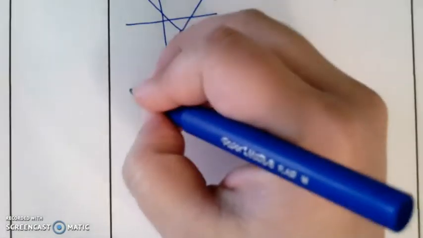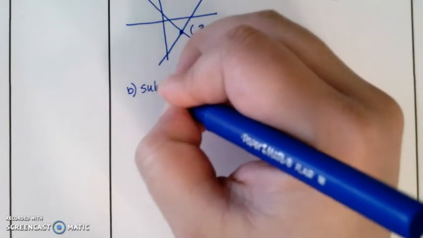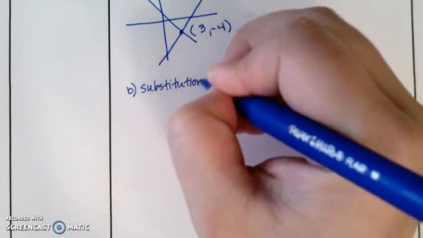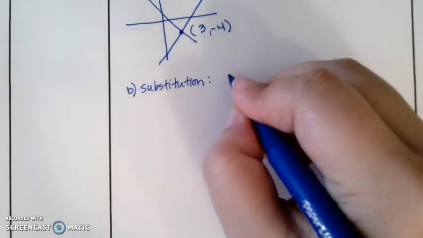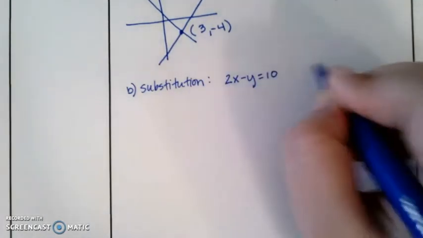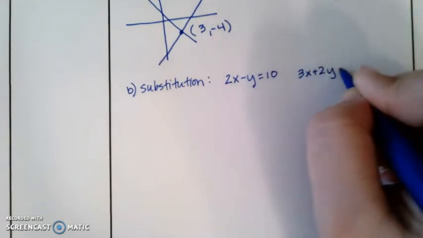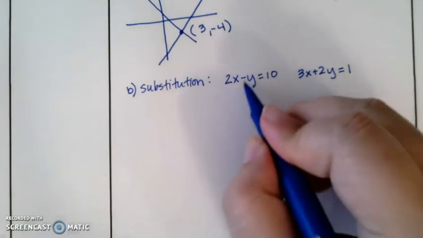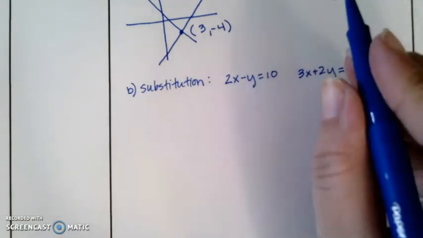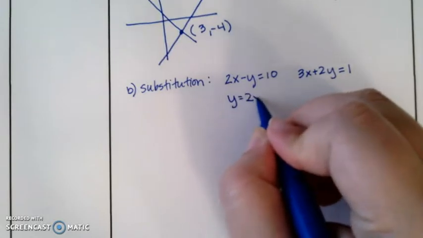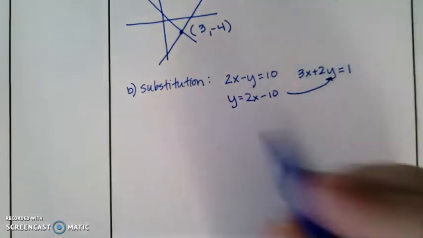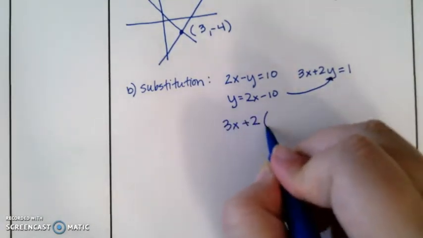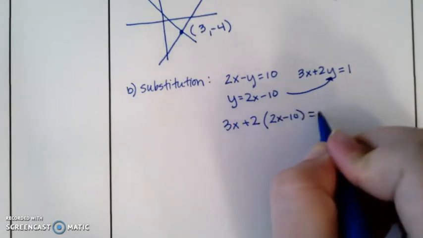All right, then part B is asking to solve by substitution, which means I want to find the value of one of the variables and then substitute that into the other equation. So if I'm starting with 2x minus y equals 10 and 3x plus 2y equals 1, I can solve for y pretty easily, and I already have it from above, that y equals 2x minus 10, and then substitute that into the other equation for y. 3x plus 2 times the quantity 2x minus 10 equals 1.